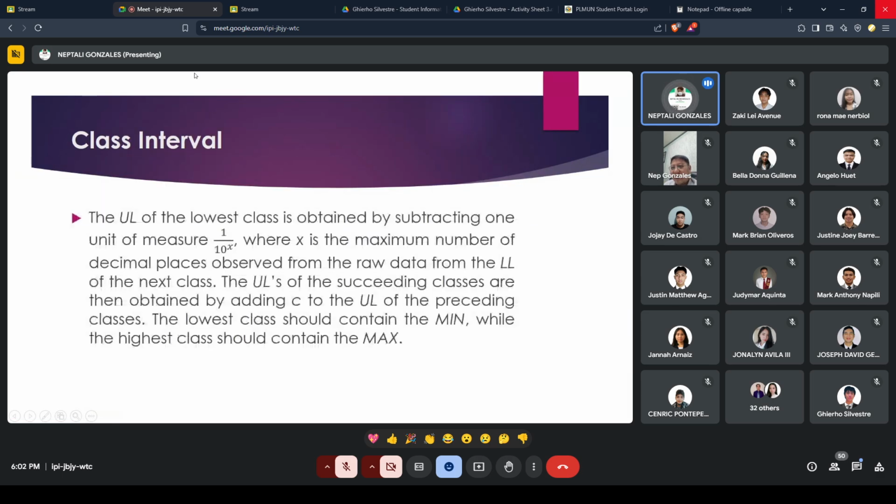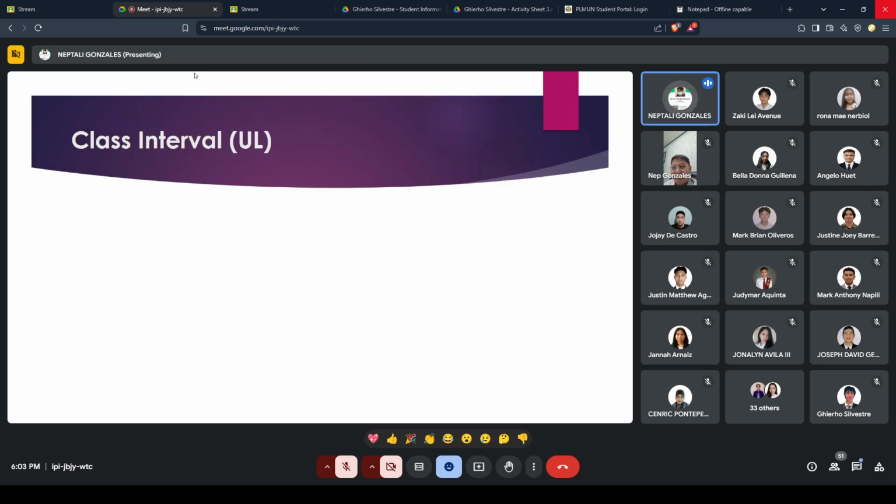And what is the meaning of this 1 over 10 raised to x, or unit of measure? It only means that the number of decimal places depends again on the number of decimal places in the given data. So if you are going to compute it manually, for the upper limit, your x is 0 because there are no decimal places among the given.